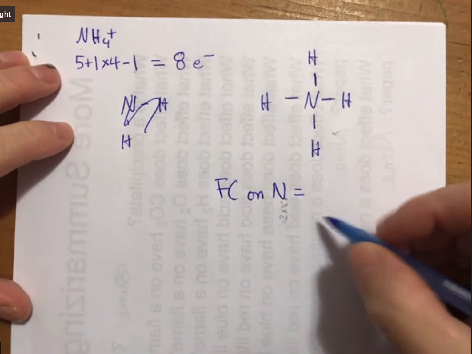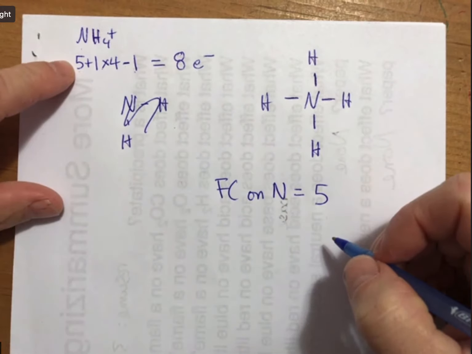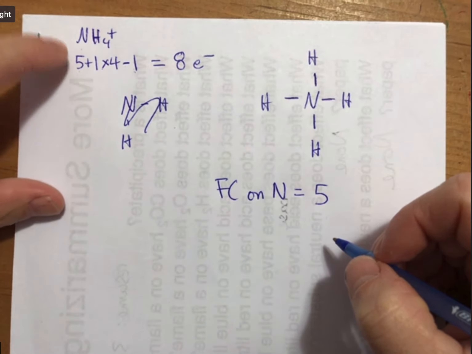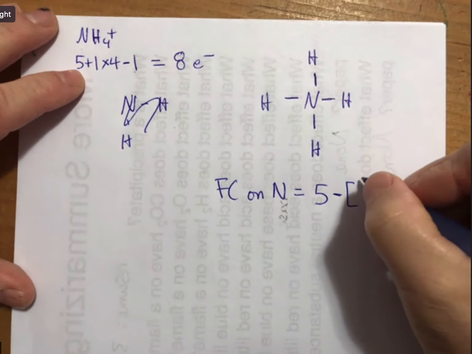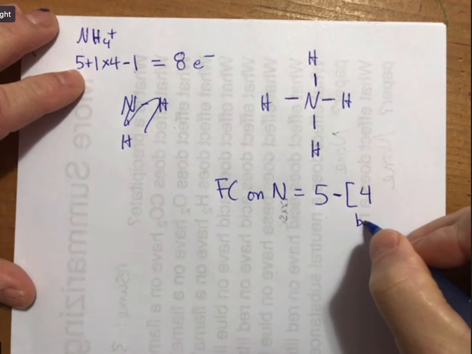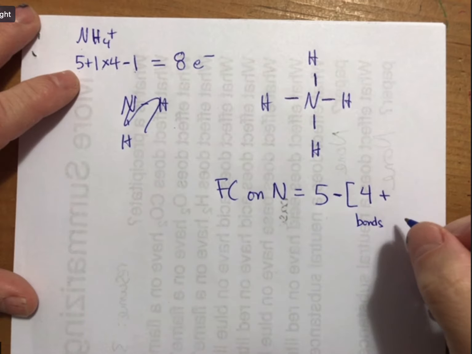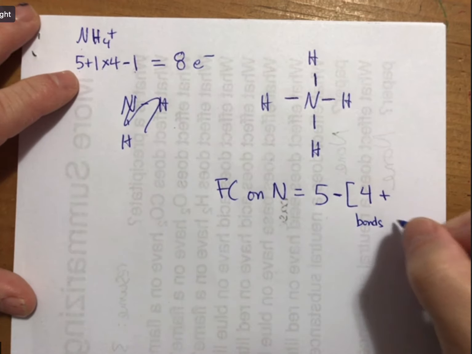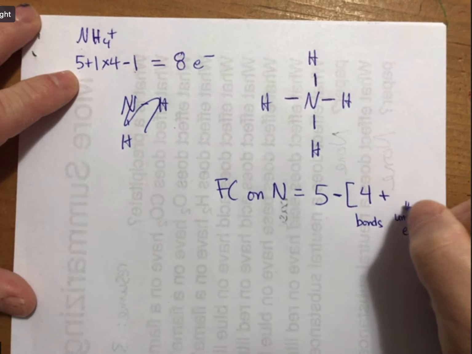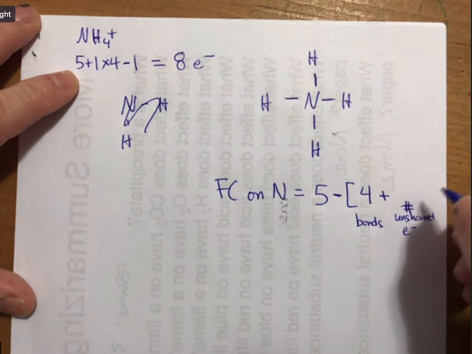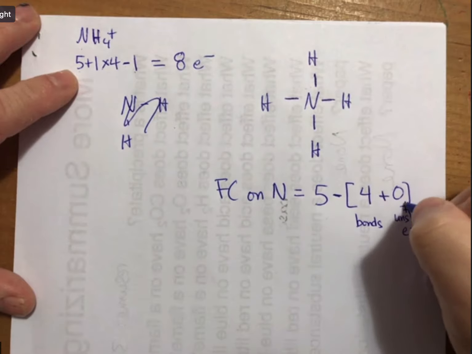A formal charge analysis takes the number of valence electrons as you would read it off of the periodic table, which for nitrogen is 5, and it subtracts off your number of bonds, and there are 4 bonds, and then it subtracts off the total number of unshared electrons, which for nitrogen, since there are no unshared electrons, will just be 0.